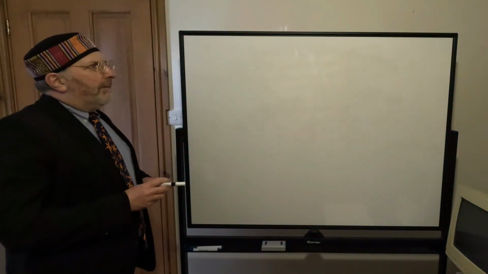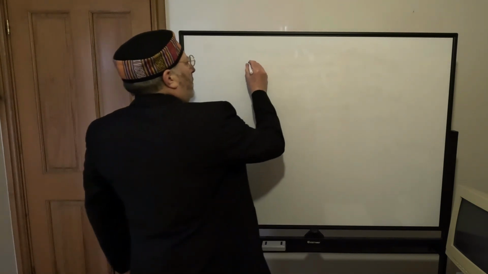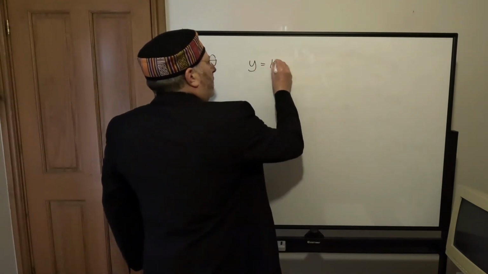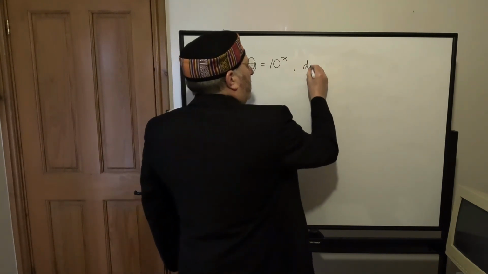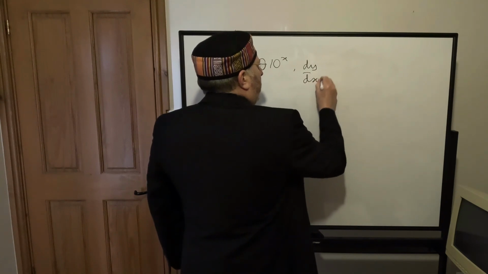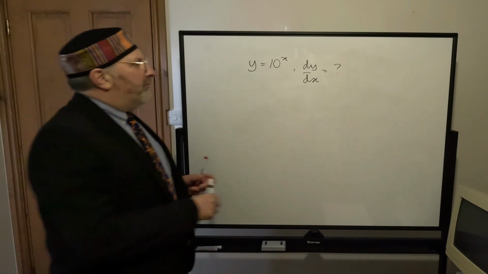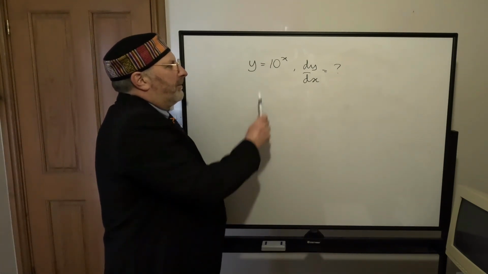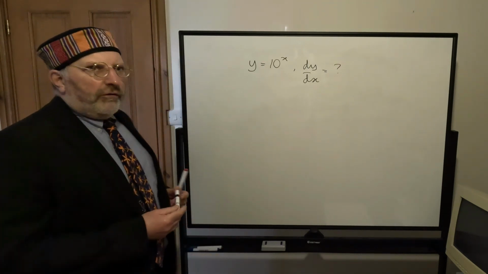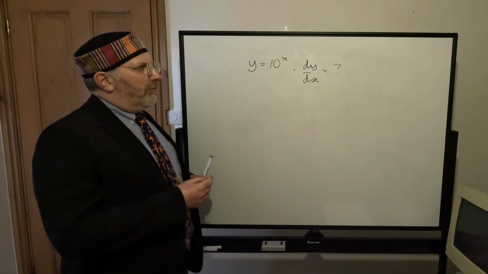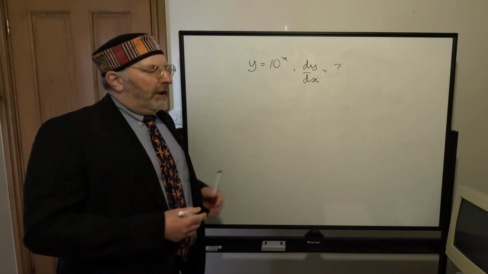Okay, now we'll talk about the derivative of an exponential function. So we've got y equals 10 to the x, and the question is, what is dy by dx? Well, deriving from first principles the derivative of an exponential function is pretty technical, and I'm not going to go through it, particularly because the proofs of it tend to be somewhat circular in my view.